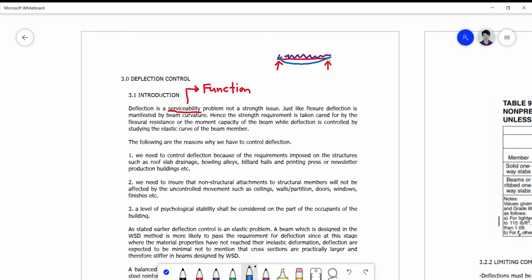Okay, and this bending is in itself actually manifesting what you call deflection. So when the beam bends, deflection occurs. That's why flexure and deflection are actually related, but by what you call the beam curvature.